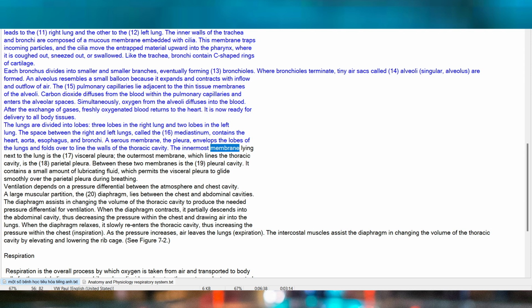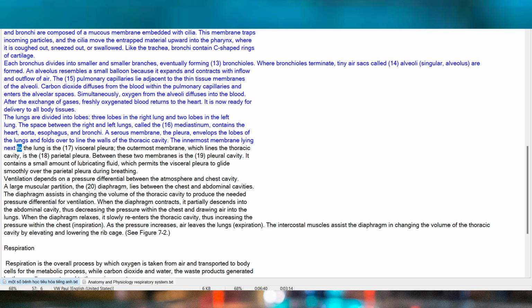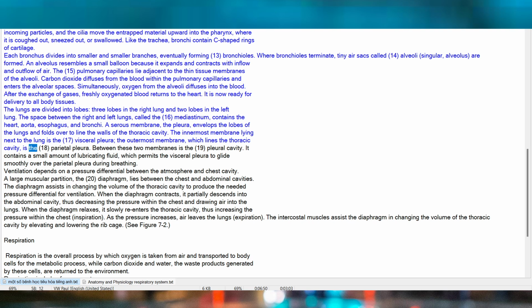The innermost membrane lying next to the lung is the 17 visceral pleura. The outermost membrane, which lines the thoracic cavity, is the 18 parietal pleura. Between these two membranes is the 19 pleural cavity.